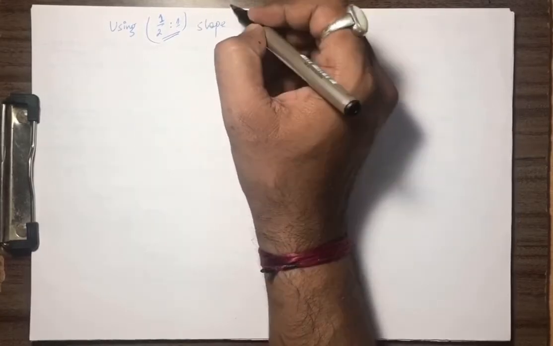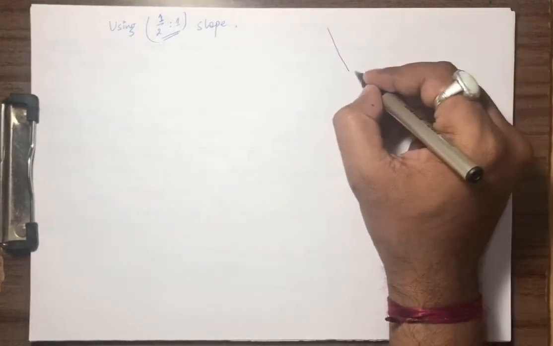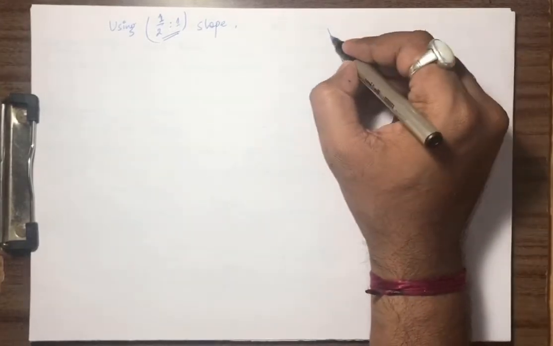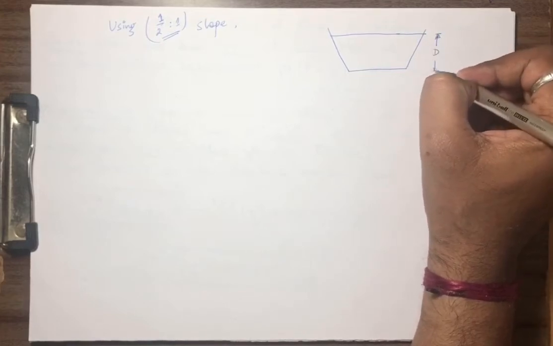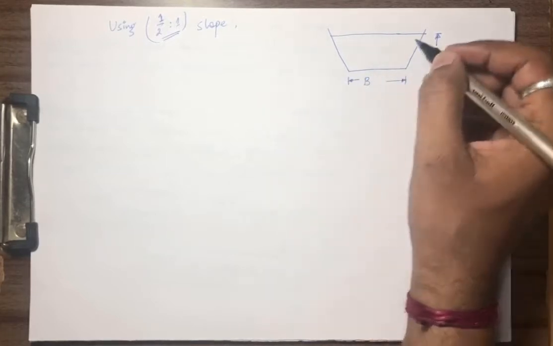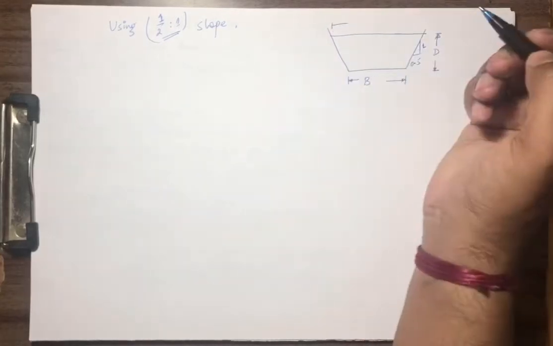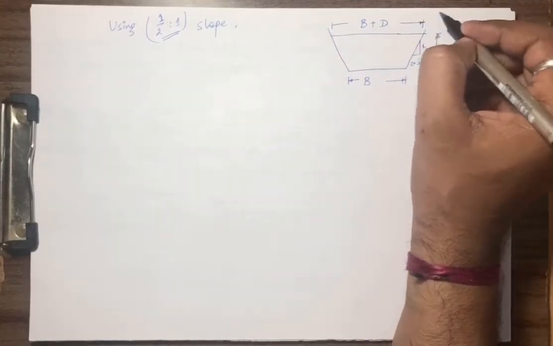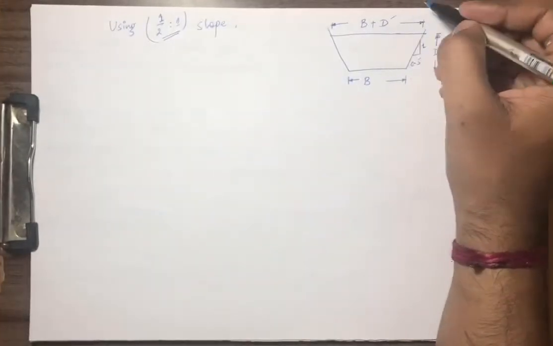Using half is to 1 slope, we are using a trapezoidal section. So this is D, this is B, and this is 1 and half, so this will be B plus D. In the previous lecture we have seen how we get B plus D.